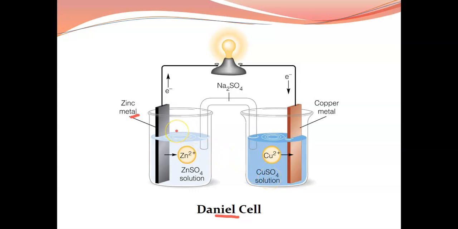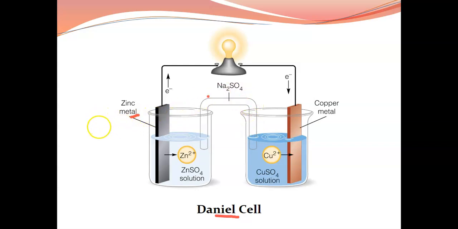So here, instead of dipping both the metal rods in the same electrolyte, we have dipped them in separate electrolytes, and then we have connected them internally by using a salt bridge. So this which you can see here is a salt bridge. It is used for connecting these half cells internally.